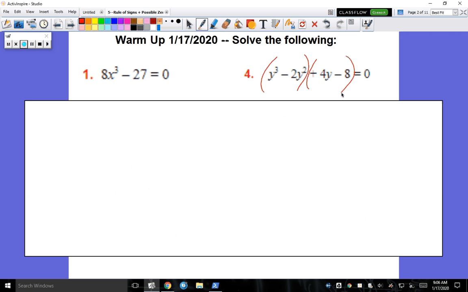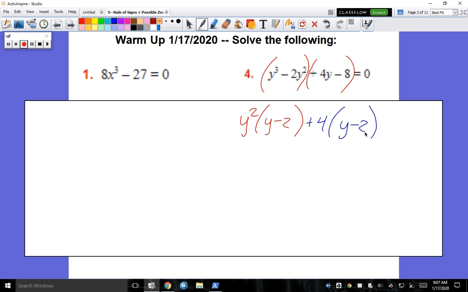the factor by grouping method. So pairing up and trying to GCF. So y squared is the biggest thing that I can pull out. And what are the scraps? y minus 2. From this other one, 2 is the biggest thing that I can pull out. And what are the scraps? Oh, my bad, not 2. 4 is the biggest thing that I can pull out.